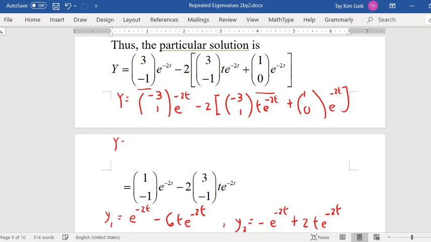So y. Collecting the x system: negative 3 exponent negative 2t plus 1, so negative 2. Negative 3 minus 2 times negative 5.